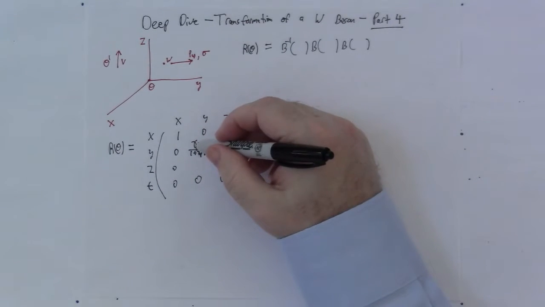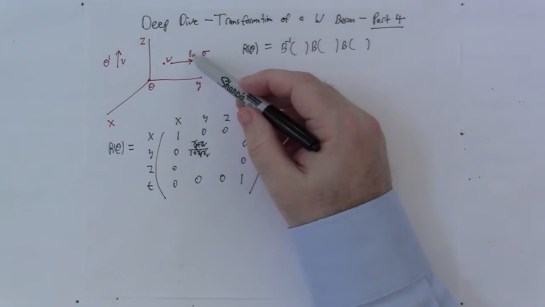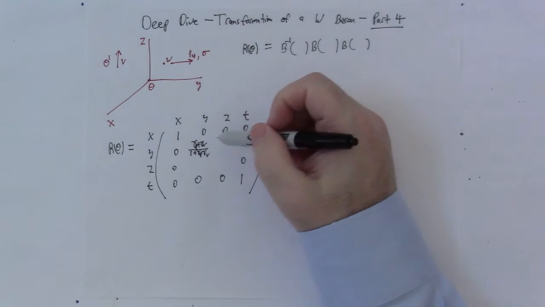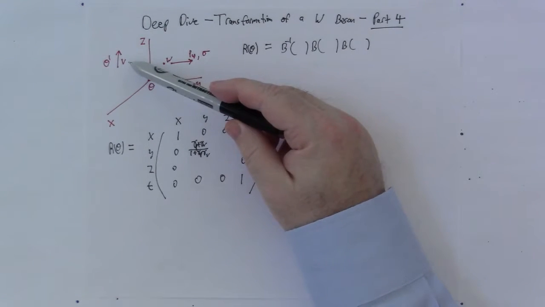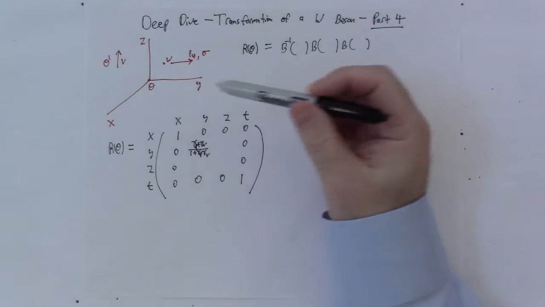And just to remind you, gamma P is the gamma that would be associated with a particle moving with momentum Py, and gamma V is the gamma that would be associated with the velocity V.